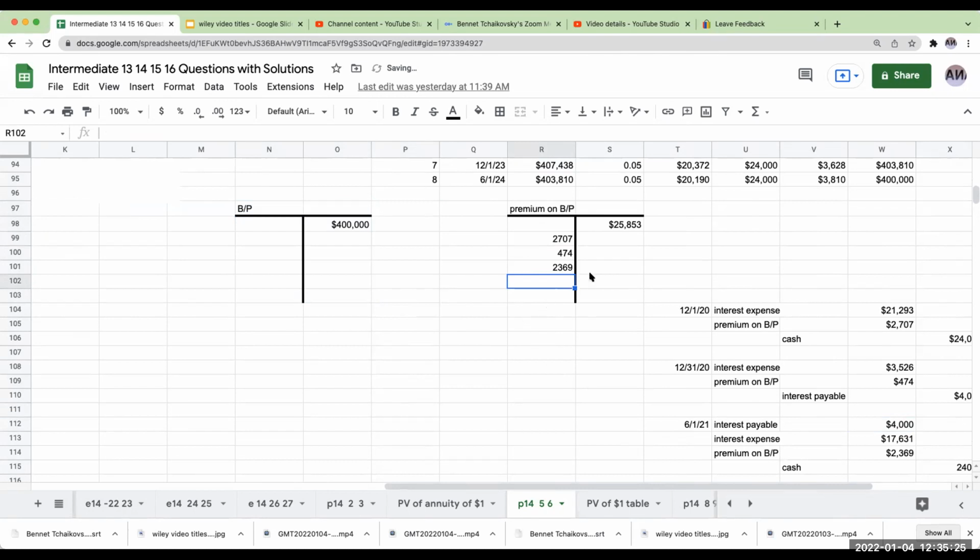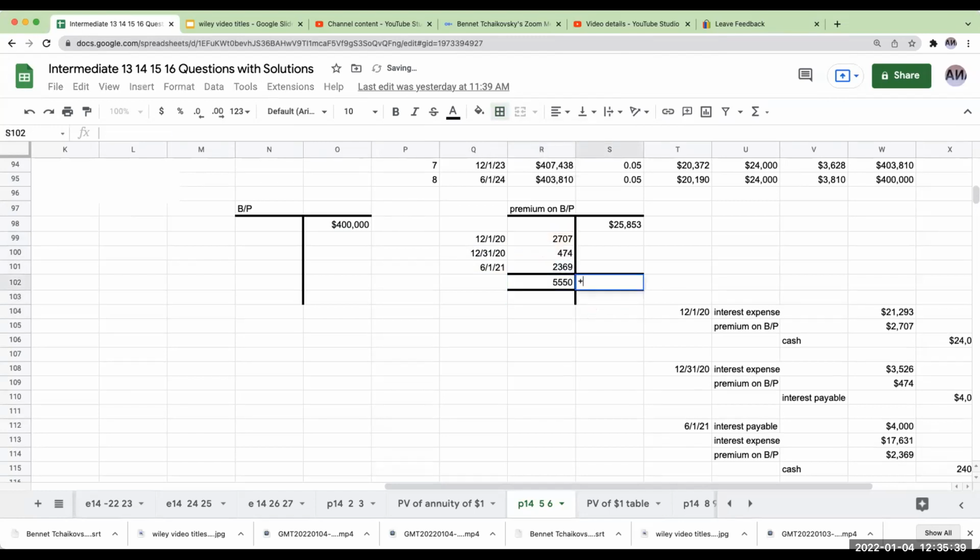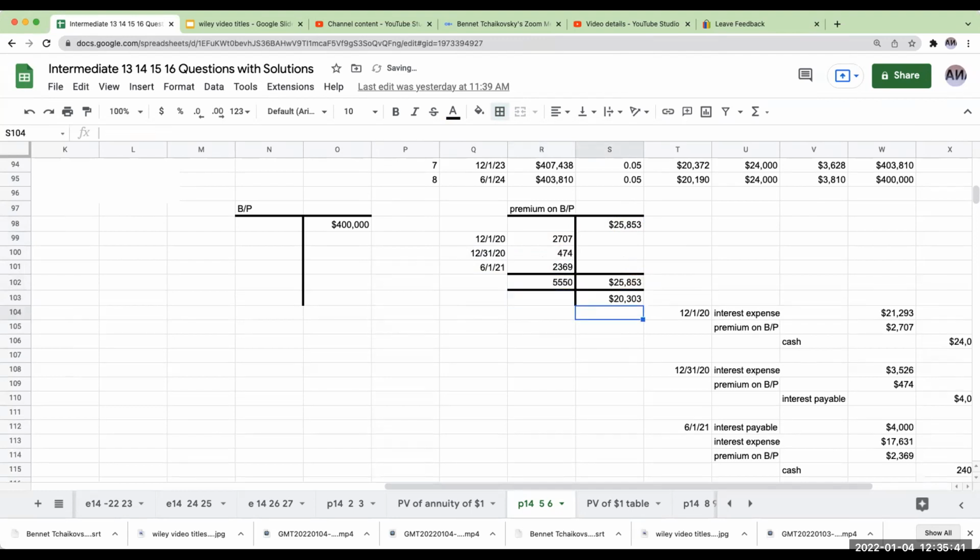That's how much I've amortized my premium by. You'll see why I do this momentarily. So my unamortized premium is going to be 20,303. All right, so we're redeeming bonds. This is my balance of my premium as of 6/1/21.